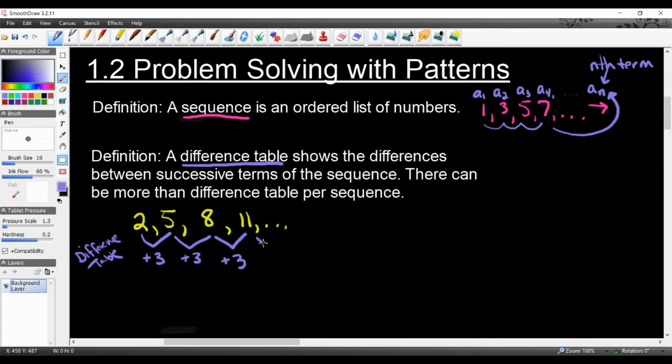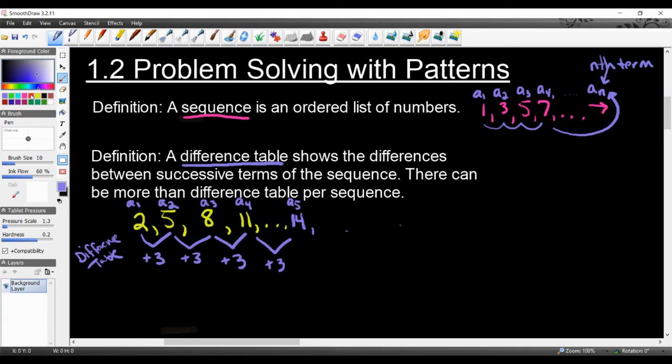If I wanted to get the next one, 11 plus 3 would be 14, and so forth. As far as terms go, this is our first term, this is our second term, 8 is our third term, 11 is our fourth term, and 14 would be our fifth term.